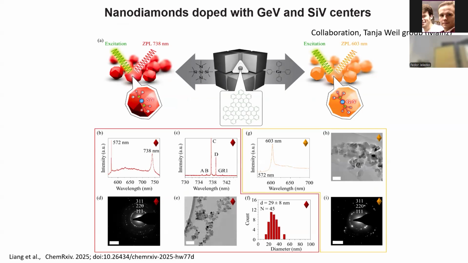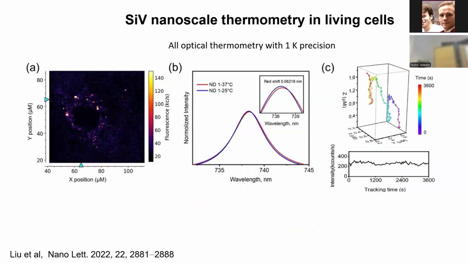This is this fine structure here. And the germanium vacancy gives a zero phonon line, this optical line at 603 nanometers. They add the germanium as a component of the growth mixture, and these lines of germanium and silicon are shifting with the temperature, so they can be used as a thermometer.